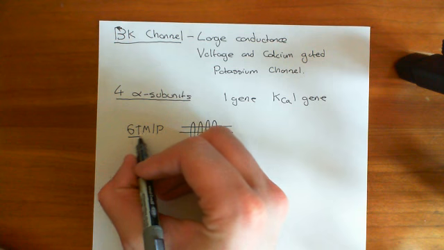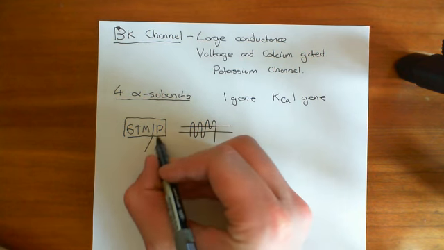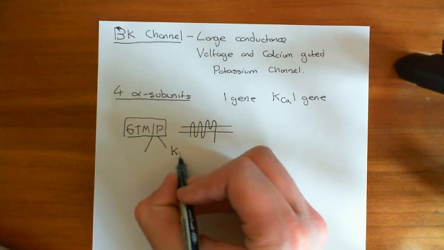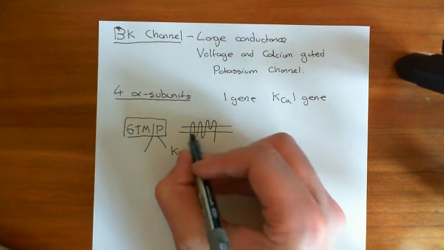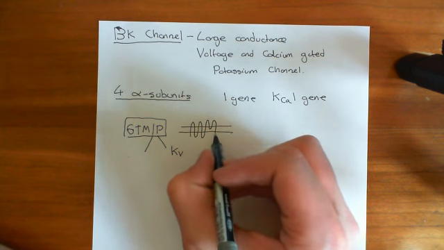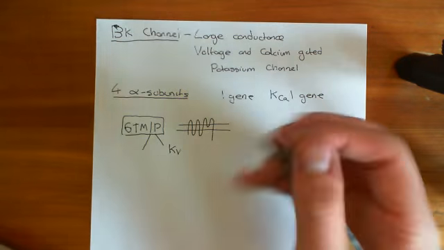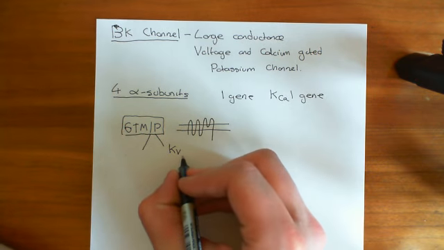Of these potassium channels, there are 2 main subtypes. There are the KV channels, i.e. the voltage-gated ones. There are loads of genes which code for structures like this, 4 of which aggregate together to form voltage-gated potassium channels.